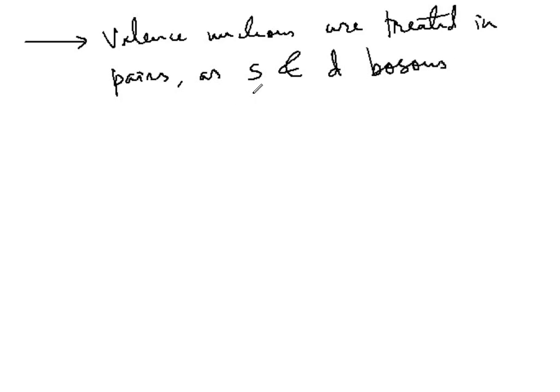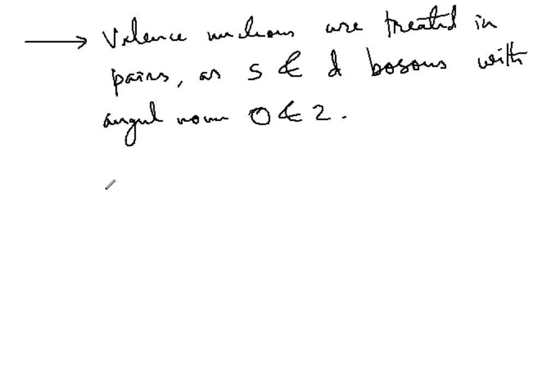S means 0, D means 2, remember, with angular momenta 0 and 2. Now, there are several different forms of the interacting boson approximation. Now, we will talk about IBA.